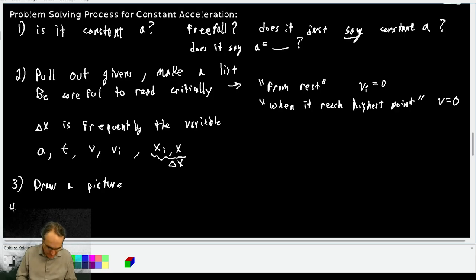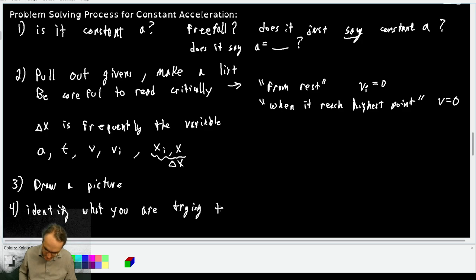Okay. Identify what you are trying to find. So that's an important step. If we have only really 5 variables and you've been given 4 of them and you're trying to find the 5th, that makes it very easy to figure out which kinematic equation is going to be relevant.